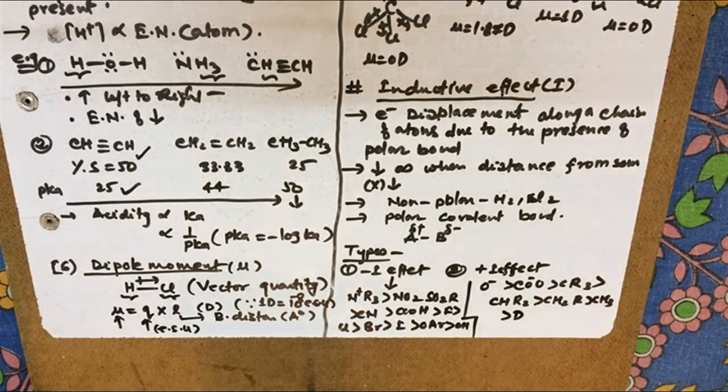So basically the plus I effect donates electrons to the other species, but the minus I effect withdraws electrons from the species. You can say it like that.